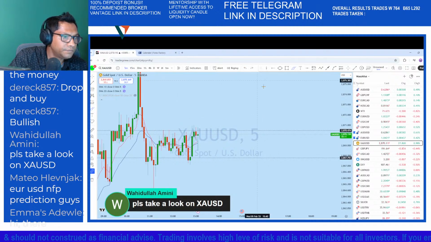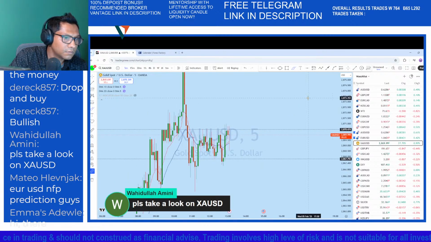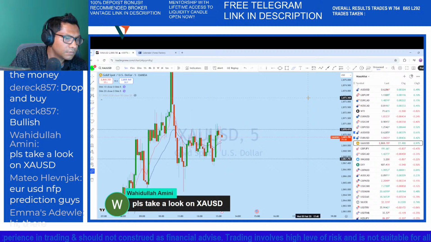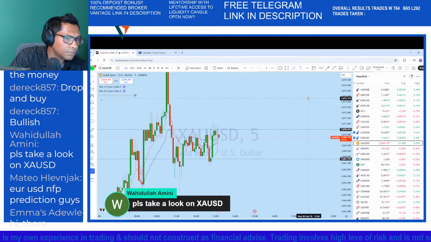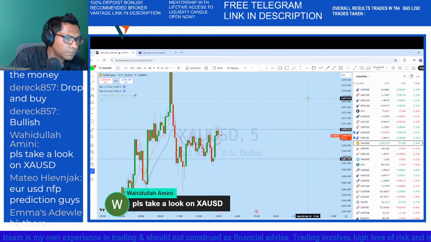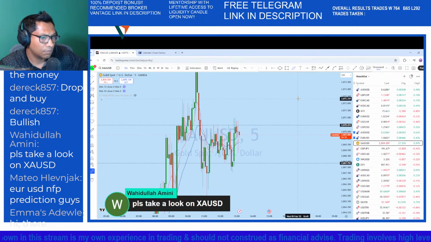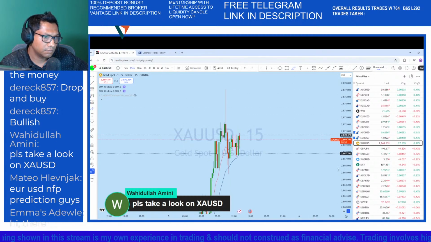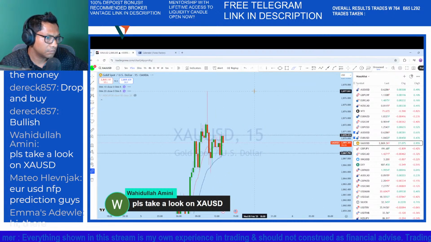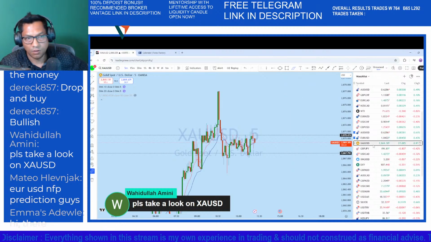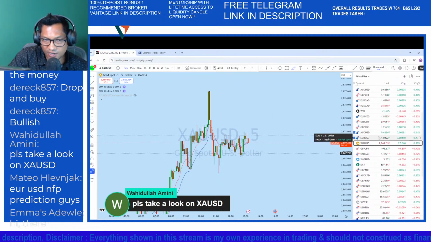With this doji formation, the market structure is not very much in our favor until we see the data coming up.